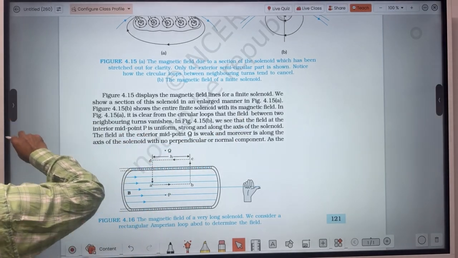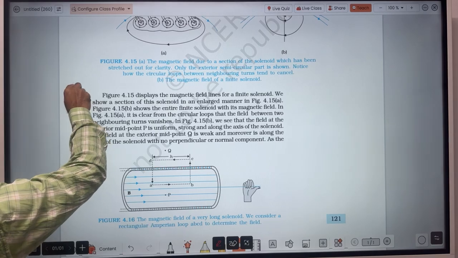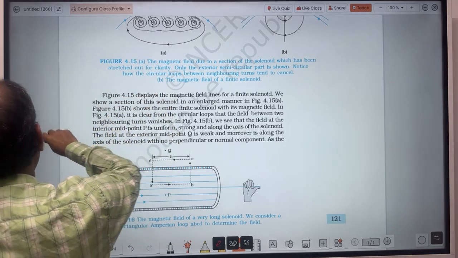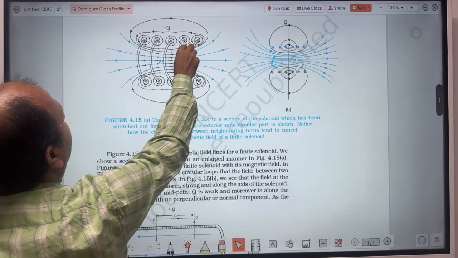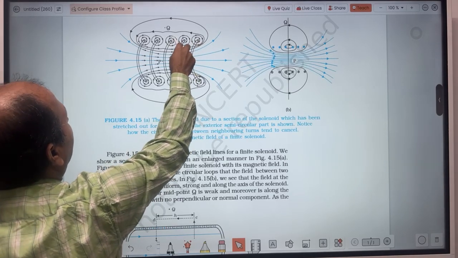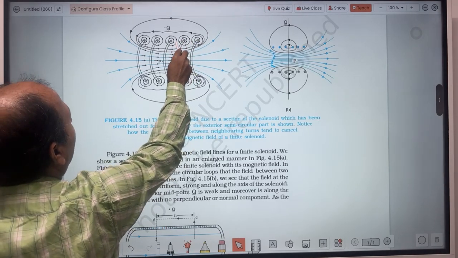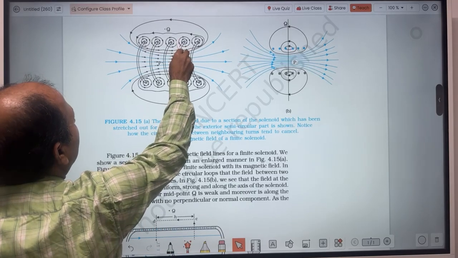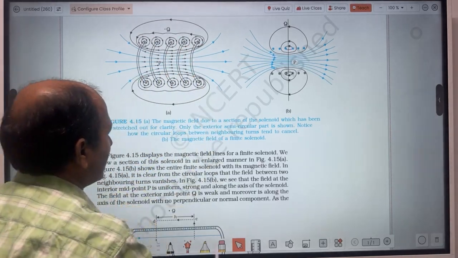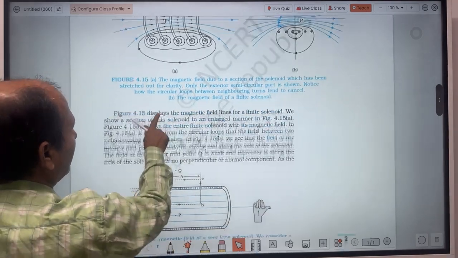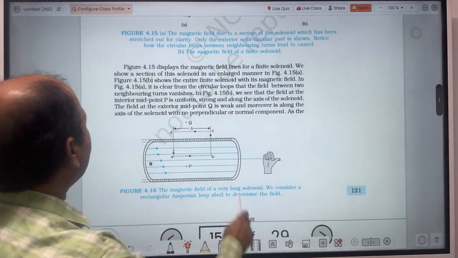As I told you, suppose you consider this portion, here the field line direction is like this, but if you observe in close vicinity, the direction of this is like this and the direction of this is like this, so they are getting cancelled. That thing is explained here.